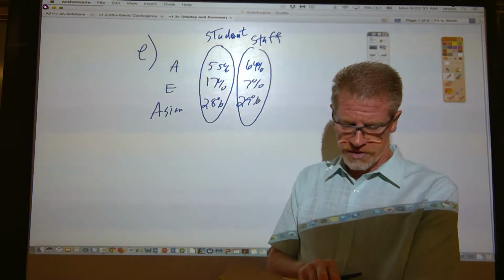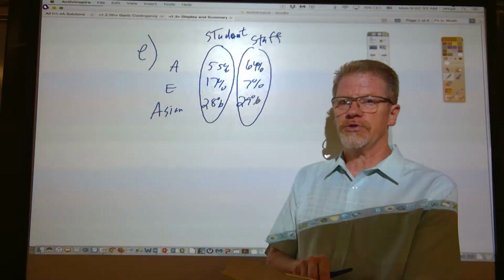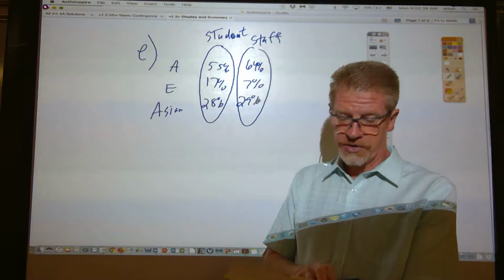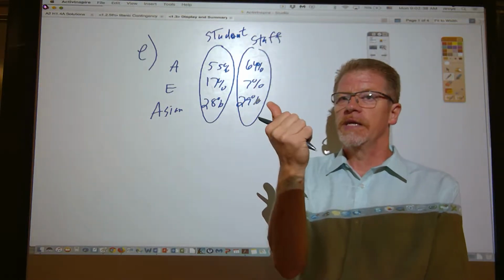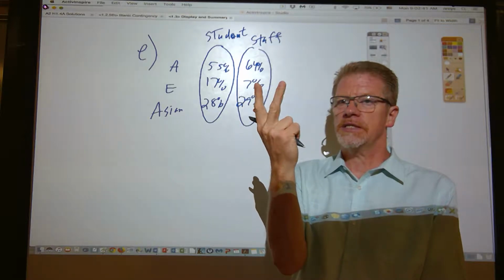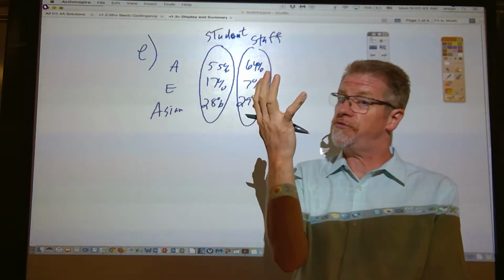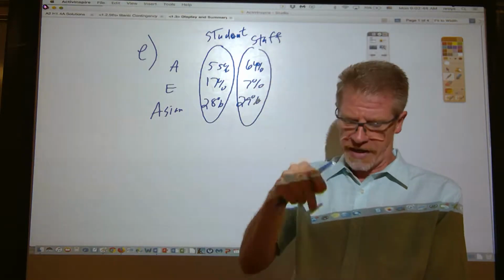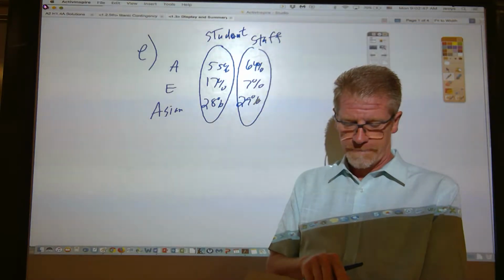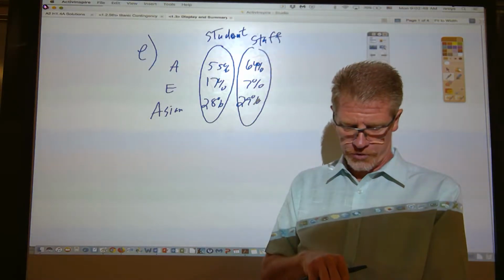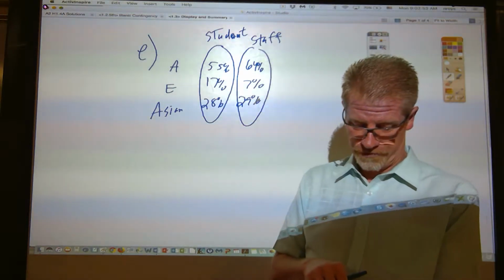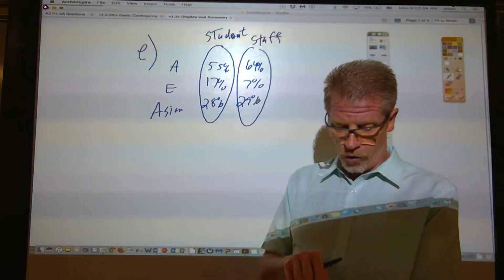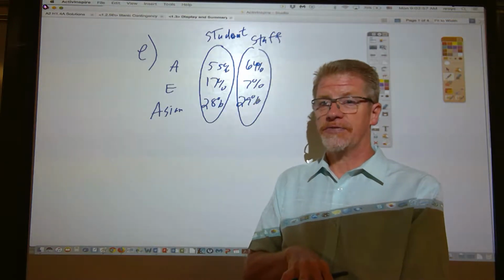The wording of the question was, what are the conditional distributions, which is a compact way of saying the distribution of conditional relative frequencies. Distribution of conditional relative frequencies, that's 5 words compacted into 2 words, which was conditional distributions of origin by driver classification.